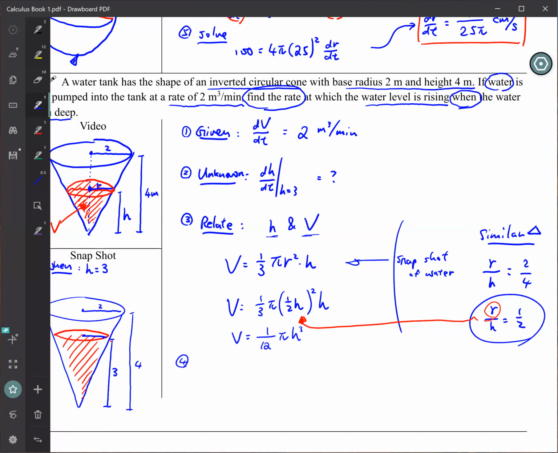Yeah, I got it. Right, so once you get here, now you have what you wanted: a relationship between V and H. You know the height, you can find volume. You know the volume, you can get height, because that's the given and unknown.